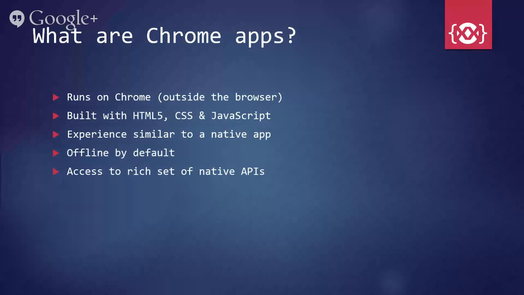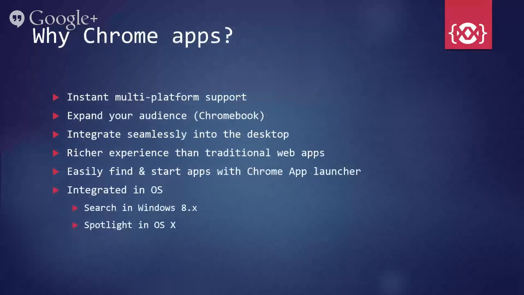Chrome apps are written in web technologies like HTML5, CSS, and JavaScript, but it gives you that near-native experience when you build it. It's also offline by default, and the runtime gives you access to a rich set of APIs that's accessible to this package app.